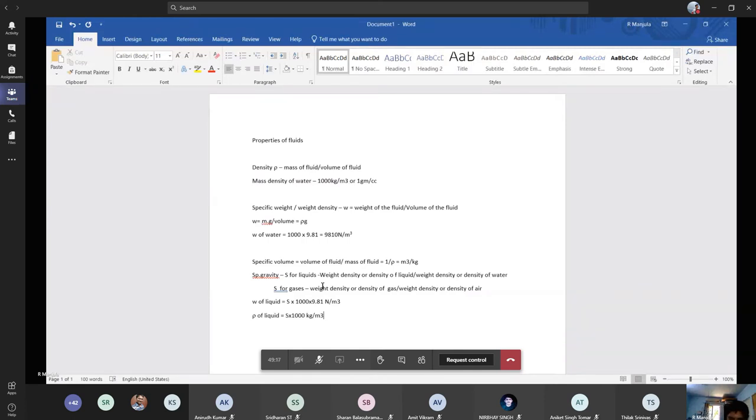And for gas it is weight density or density of gas divided by weight density or density of air. And hence weight density of a liquid is S into 1000 into 9.81 Newton per meter cube. And mass density of liquid is S into 1000 kg per meter cube. Is it clear?